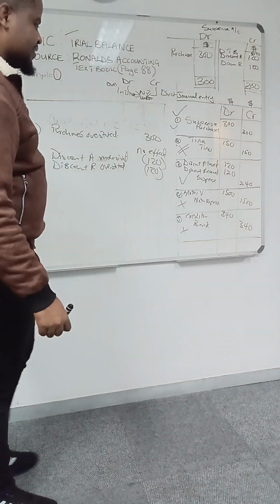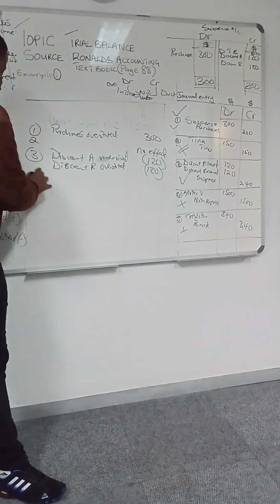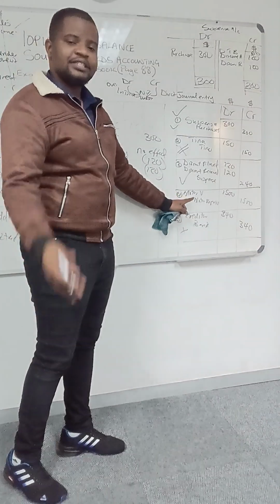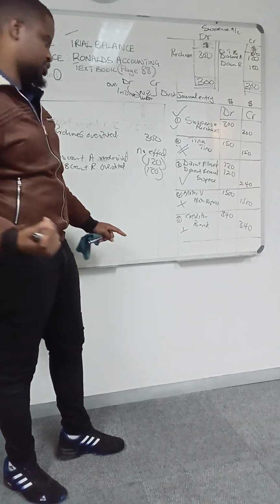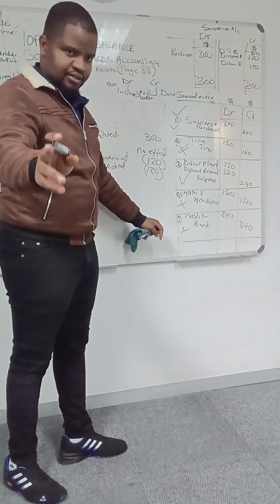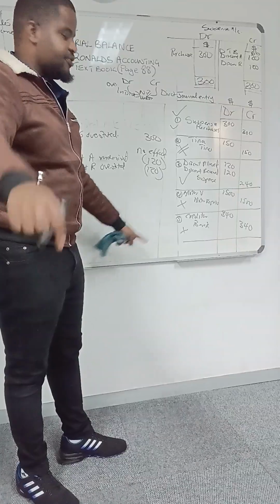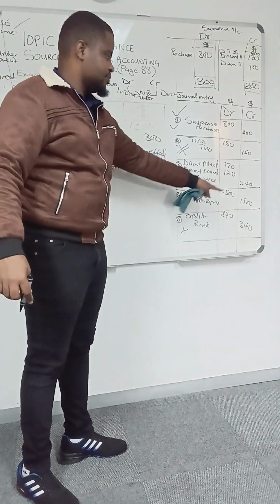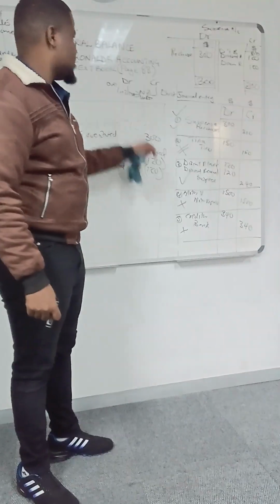Right. After that, there is motor van, there is motor repairs. This is number 4. So motor van, it's an asset. It does not affect net profit because we record it in the balance sheet. We want motor repairs here. So motor repairs is an expense. It's on credit side, 1.5. So it means if you see a debit item being recorded on credit side, it means it was overstated. So you come with debit.